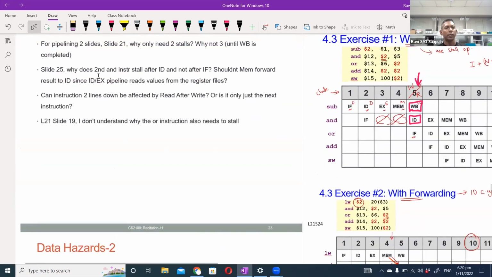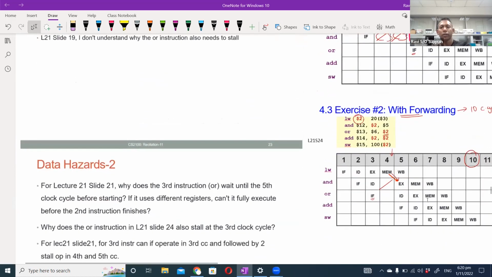Why does the second instruction stall after ID and not after IF? Again, it comes back to where the forwarding is done. In this case, we know that for a load word instruction, the data is available in memory.